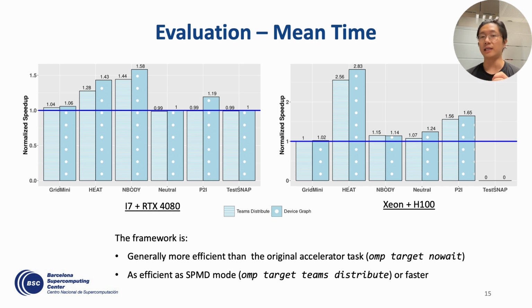So basically the idea is that with the task graph framework, we not only outperform the vanilla tasking model on the device, but in most cases we also outperform the for offloading mechanism on the devices, the SPMD model.